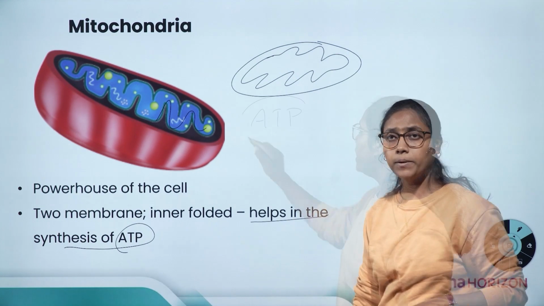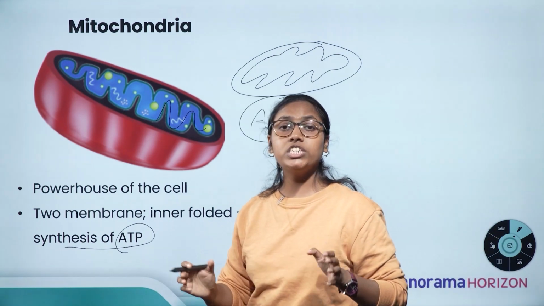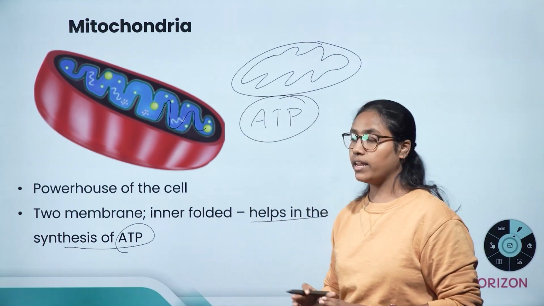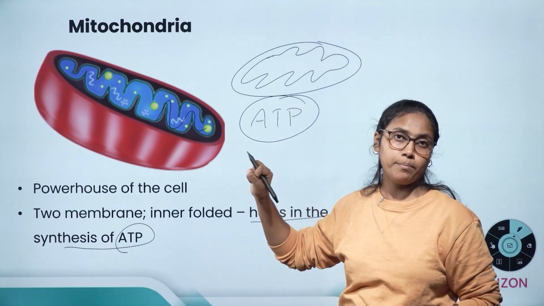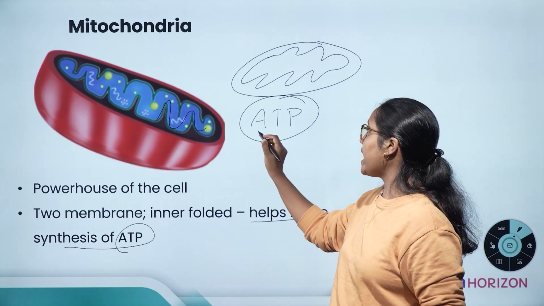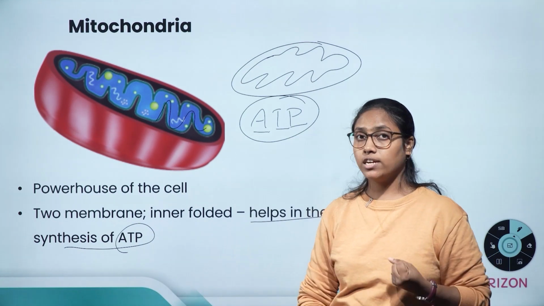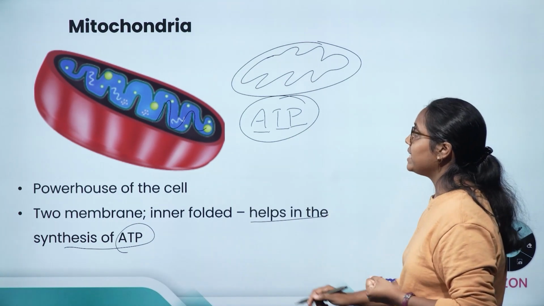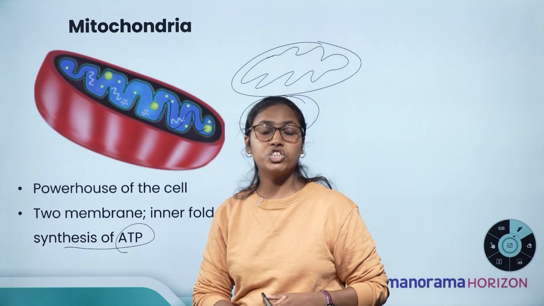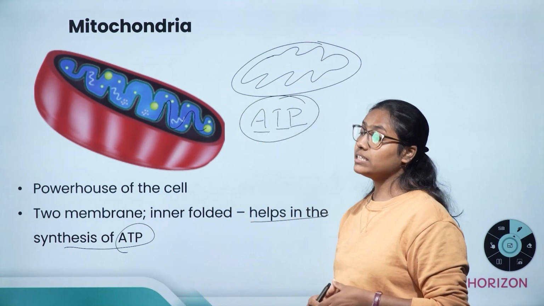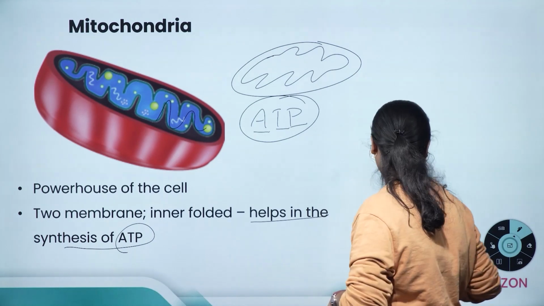What is ATP? ATP is the energy currency of the cell. It has energy trapped in it. Okay, it is known as adenosine triphosphate. So this inner membrane of the mitochondria helps in the synthesis of ATP.